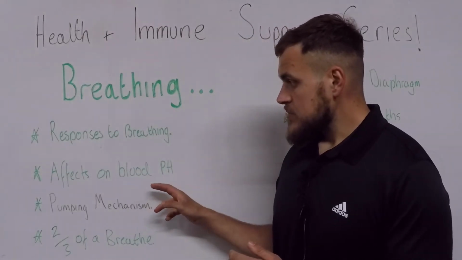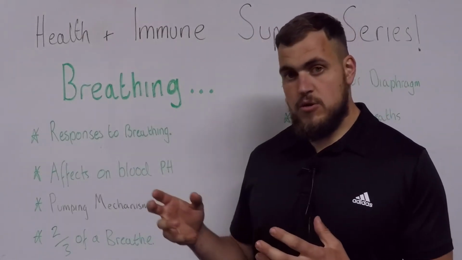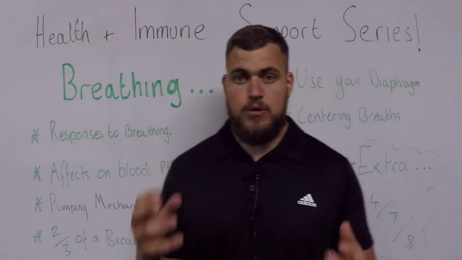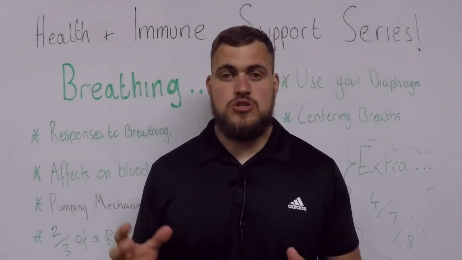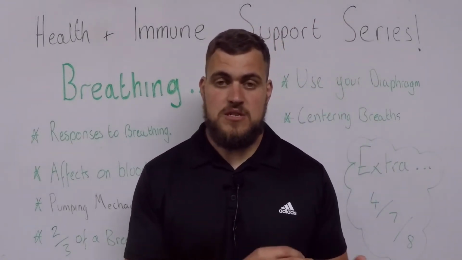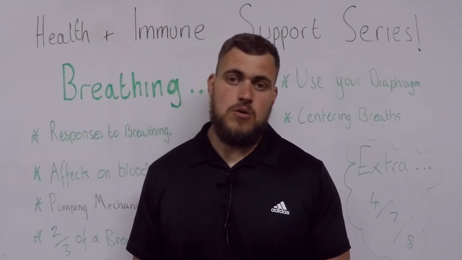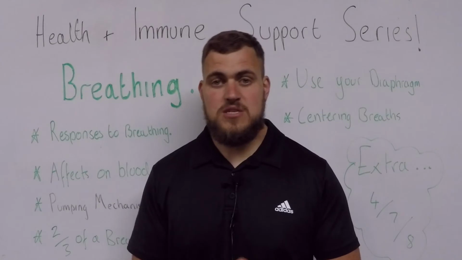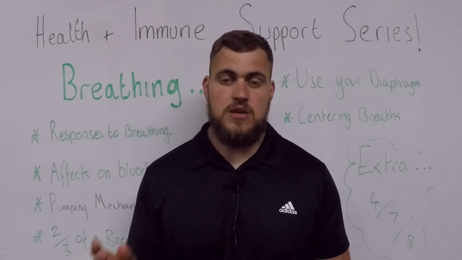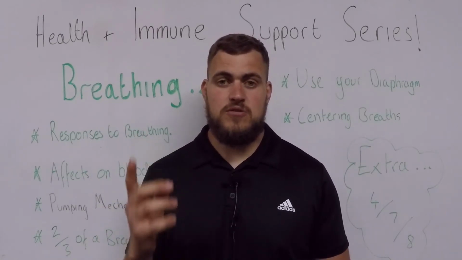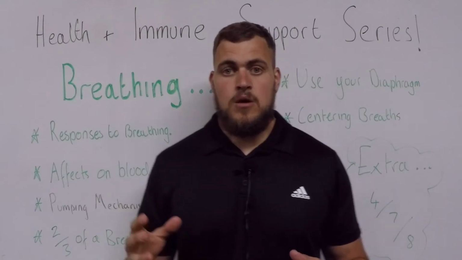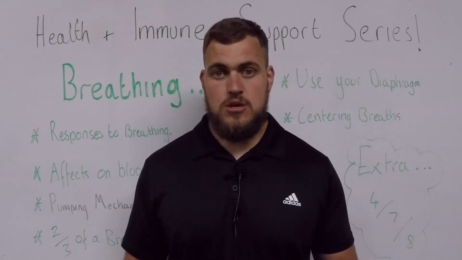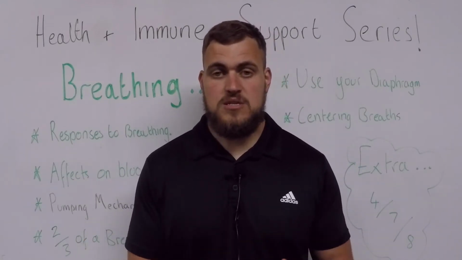Now, our breath also affects our blood pH, and oxygen is used to buffer out acidity in the blood. An example of this would be you have some simple sugars, a couple of teaspoons of sugar in your tea or chocolate bar. This decreases blood pH or increases its acidity, which means we need more oxygen to buffer out the acidity.